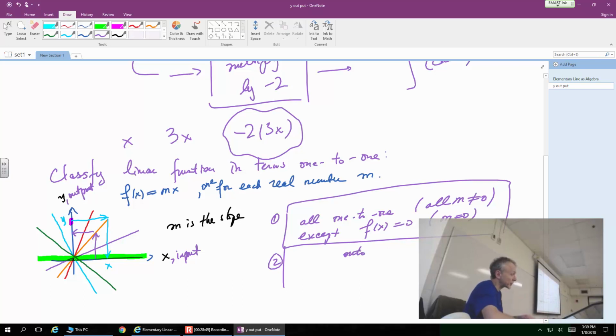So once again, look at the picture and ask yourself which ones are onto. The question is, are there any y's that haven't been hit in this manner? So are there holes in the range? Okay, so what's the answer?